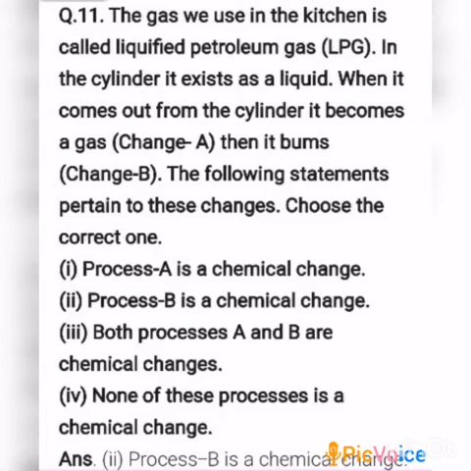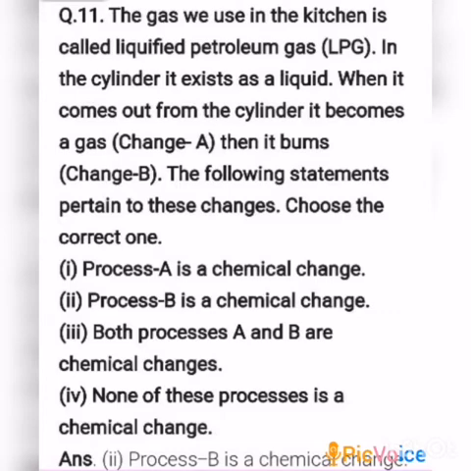The change of the liquid to gas is change A. Then it burns. When the gas burns, the change is denoted as B. Burning of the gas is denoted as B. Then the following statements pertain to these changes.